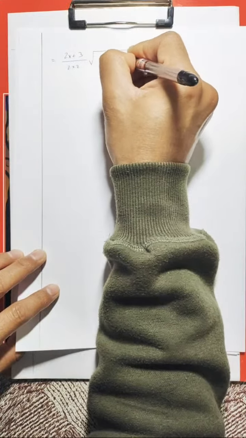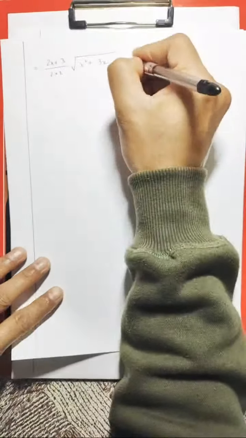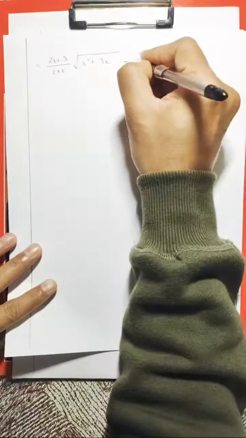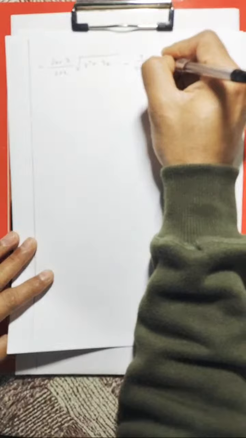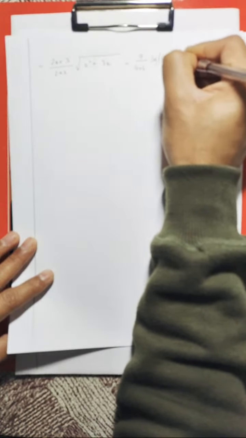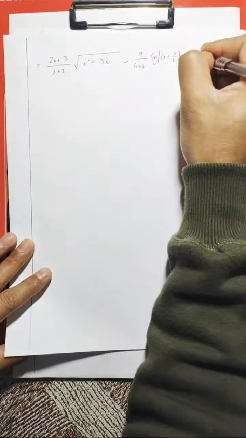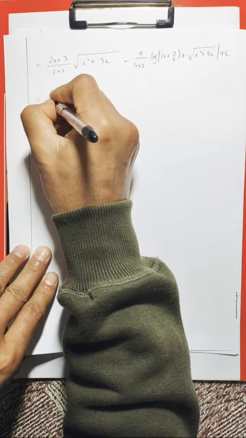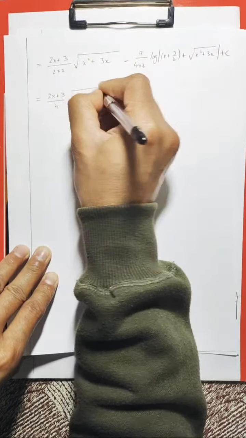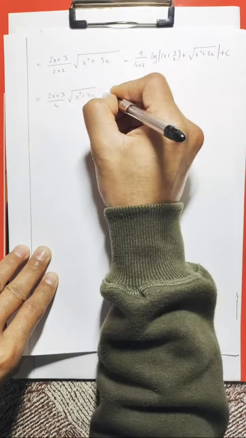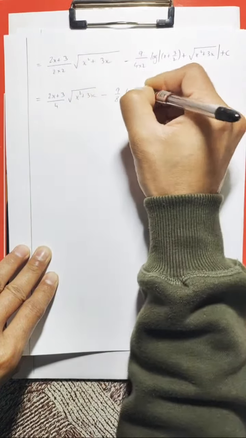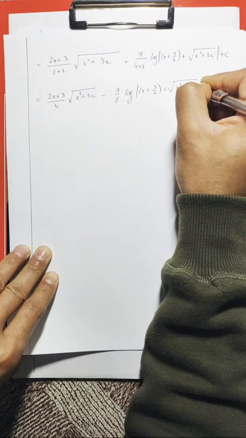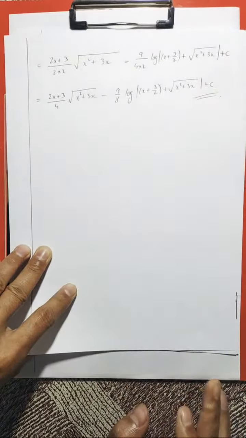Okay, simple one, x square plus 3x minus 3 square 9, 2 square 4, 4 into 2 log of x plus 3 by 2 plus simple x square plus 3x plus c.